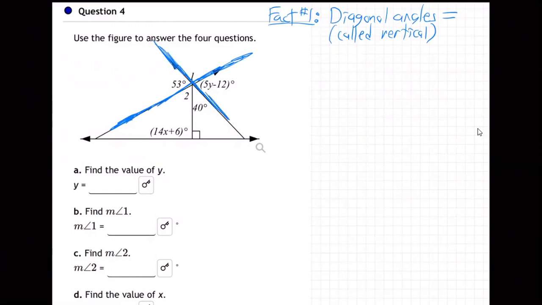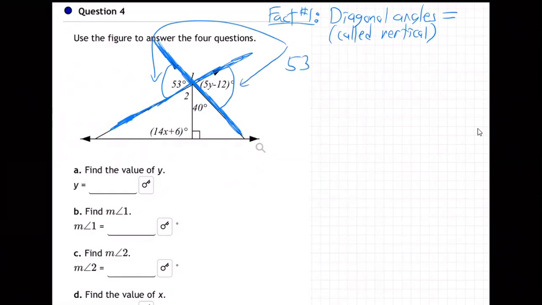So if you focus in on just those 2 lines and block out most of the other stuff, then you can see these 2 are diagonally across, right? They call it vertical, even though they're sideways. So those are diagonally across from each other. They've got to be equal, don't they? So in other words, this one and this one are equal.